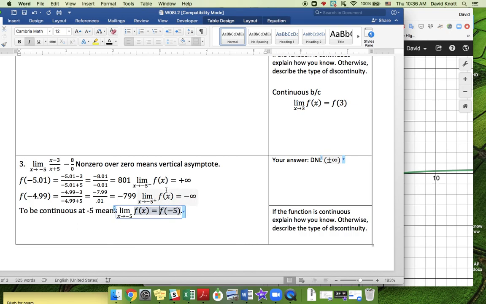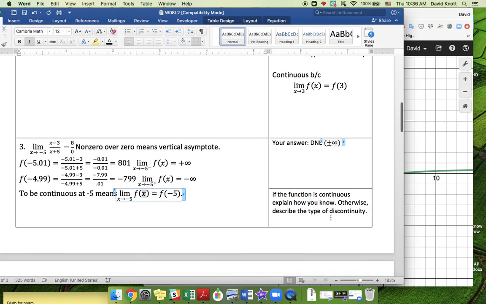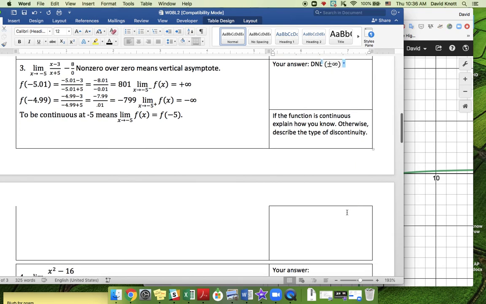The function's not defined at -5, so already we can say it's not continuous, but this side isn't defined either. The limit doesn't exist. So neither side of the continuity equation is defined. So it's definitely not continuous. Now, as far as what kind of discontinuity, it's a vertical asymptote, right? So not continuous, and it's a vertical asymptote. Okay.